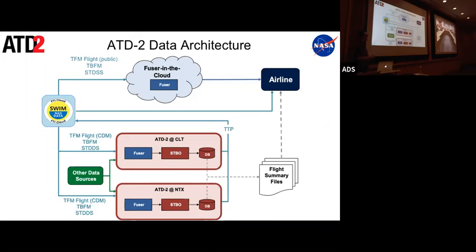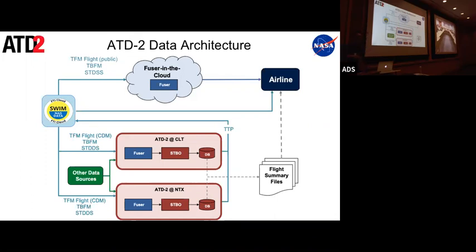Moreover, because we're sending all of our answers to these databases, we can create these post-ops views of the operations, which we call the flight summary files. We generate them and have them internally here at NASA, but we also send them to the airline.